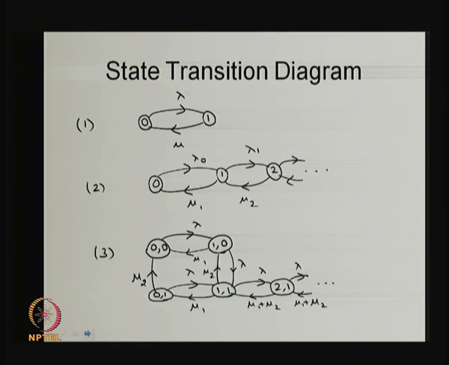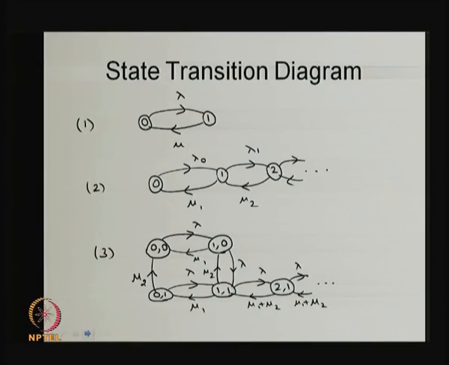Now, I am moving into the second example. In the second example, we have a state space that is countably infinite, and the time the system spends in state 0 before moving into state 1 is exponentially distributed with the parameter lambda naught. Whereas in state 1, the system can spend an exponential amount of time.